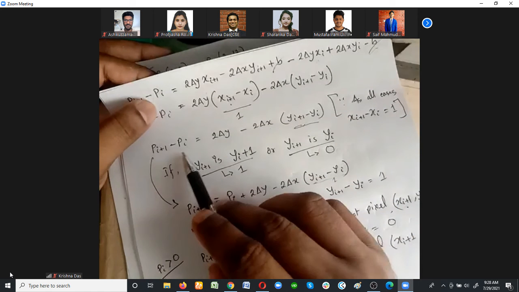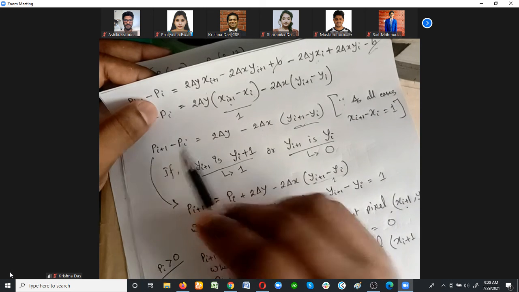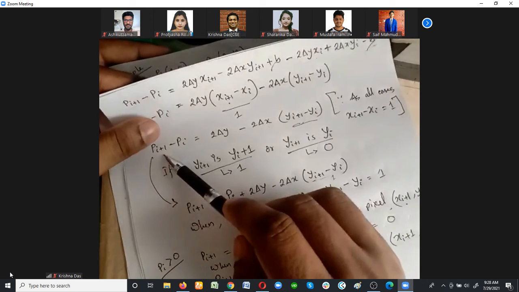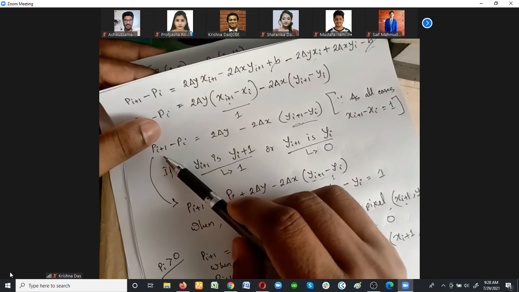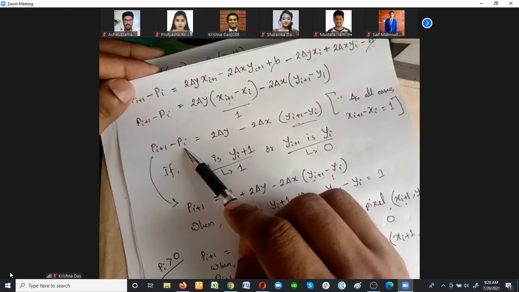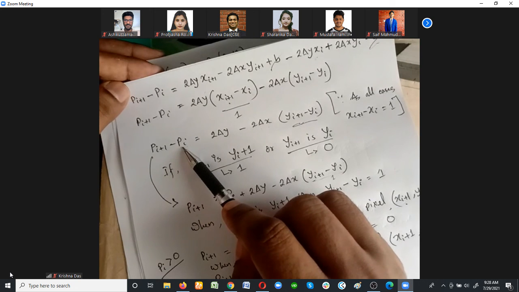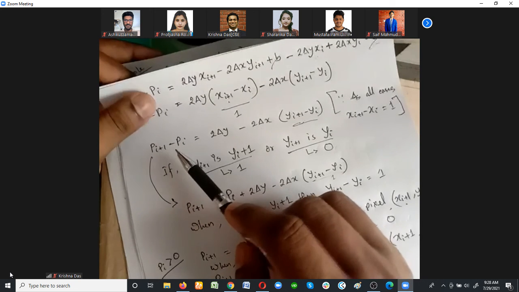And pi either can be negative or positive, and it will have an impact. Pi plus 1 is nothing but the successive value of pi. It depends on the value of this one, and in the next equation this is going to be the pi. Do you understand? Yes, I got it sir.